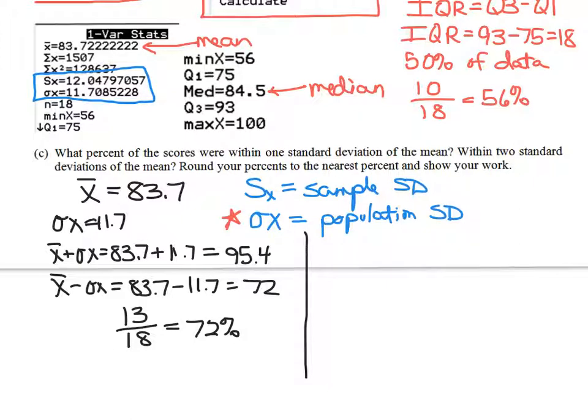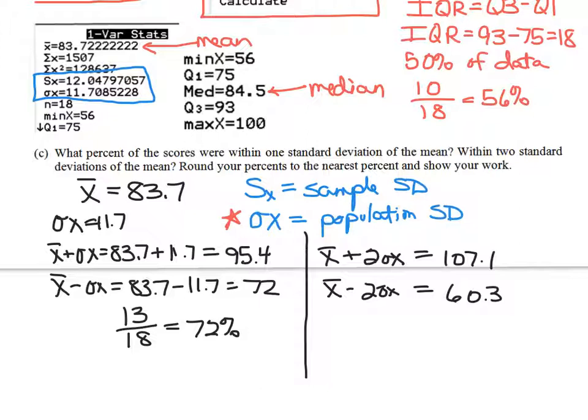Now let's do the same thing, but this time go from the mean and add on 2 standard deviations. You can use your calculator to take 83.7 and add on 2 times 11.7, and that gives me 107.1. Then take my mean and subtract 2 standard deviations: 83.7 minus 2 times 11.7 gives 60.3.